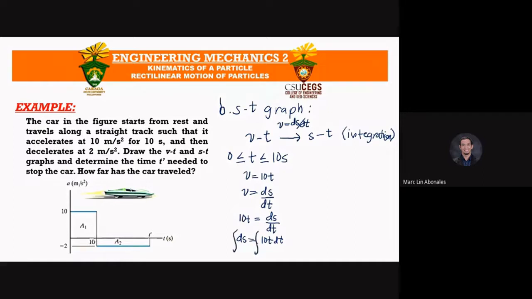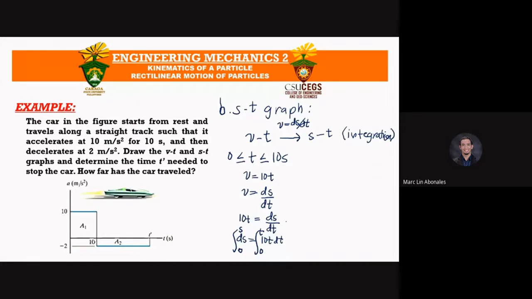The same ra gihapon since it starts from rest, so therefore its initial position is also 0. So its lower limit is 0. The upper limit is S. For the right side, 0 gihapon ang iyahang initial time, and the upper limit is t. So we integrate this equation.